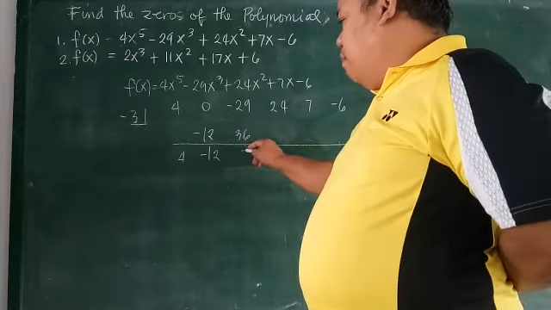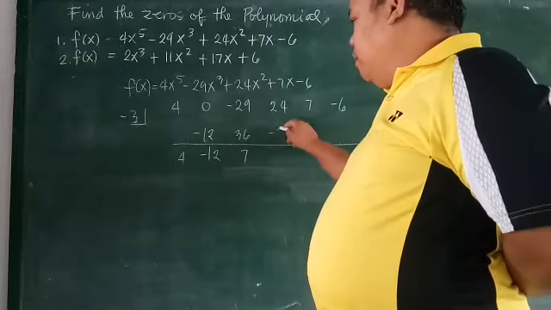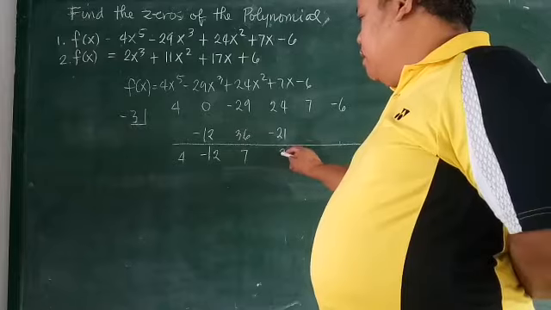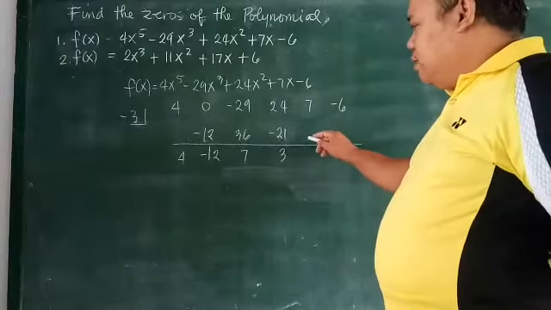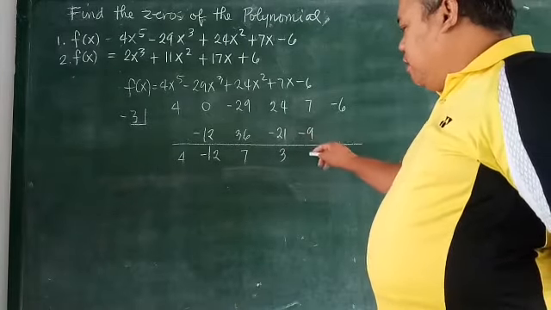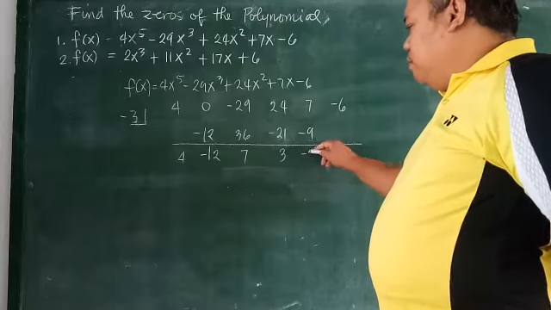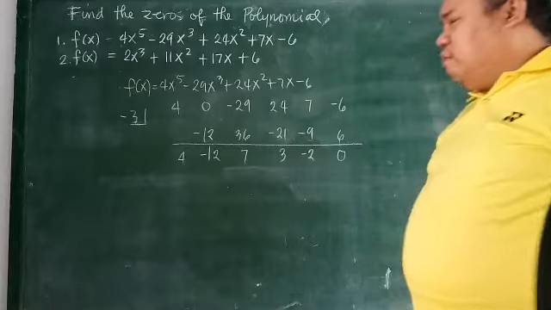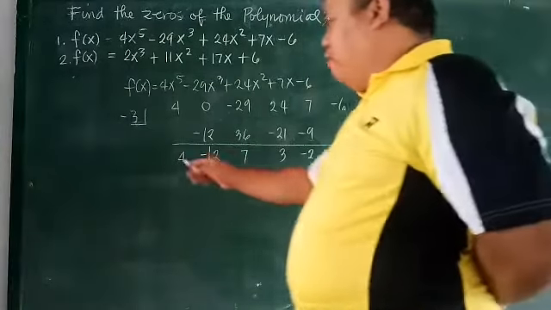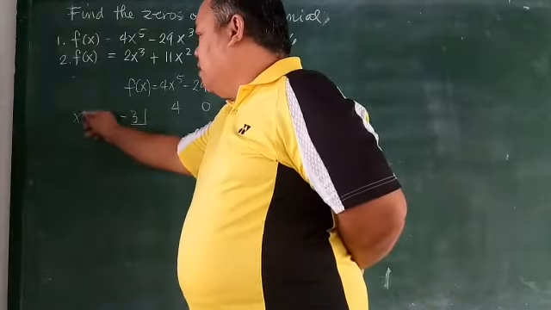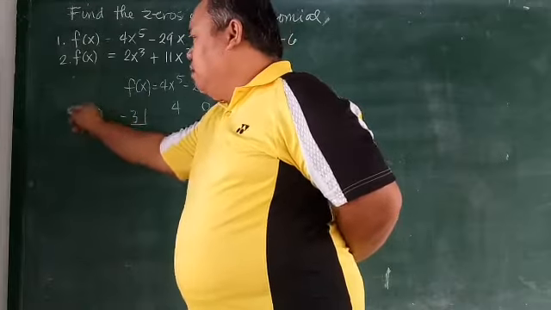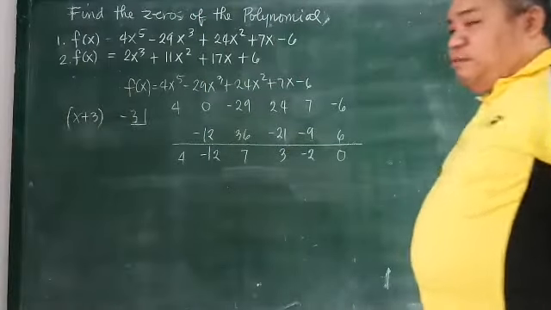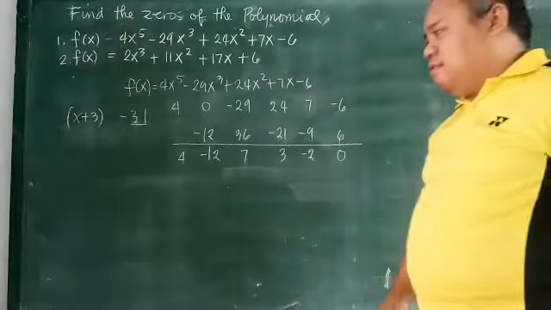So this is 7. Then -21. So this is 3. This is -9. And this is -2. So this is +6. So 0 siya. So it means that in this case, I now have the factor x plus 3. So that's 1. Kasi we're going to write down all the factors and the roots.